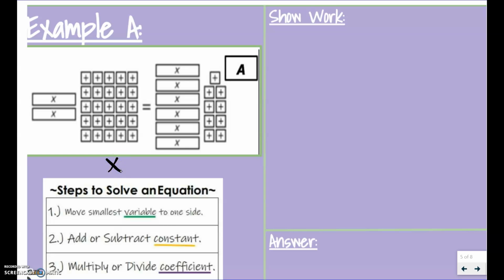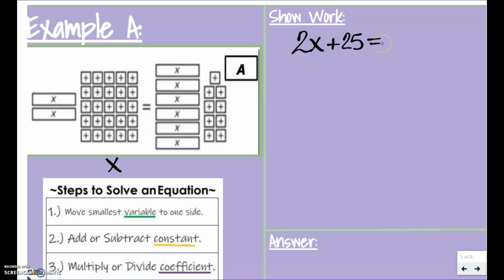And I'm literally going to count how many x's and how many constants I have and write my equation. So I'm going to start on the left. So I have 2 x's on that side, so that's 2x plus 1, 2, 3, 4, 5 ... 25. So plus 25. This is your constant, and it's positive because it has a positive sign there.